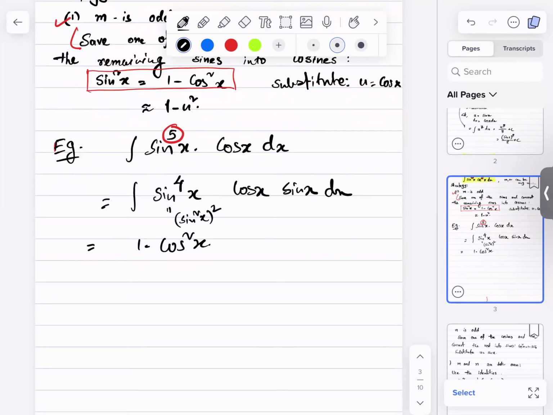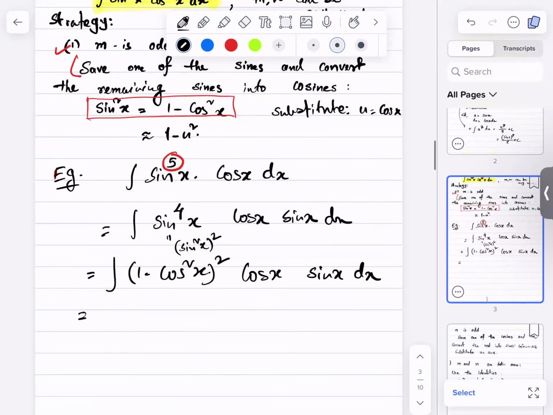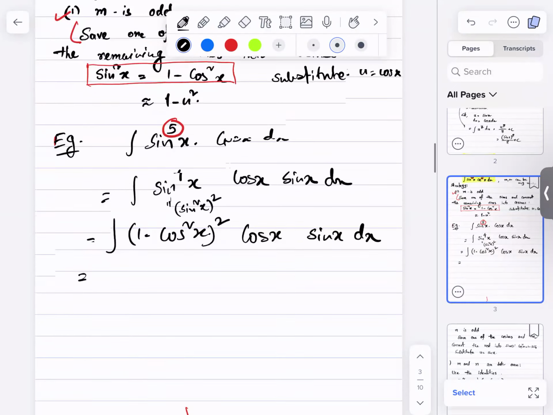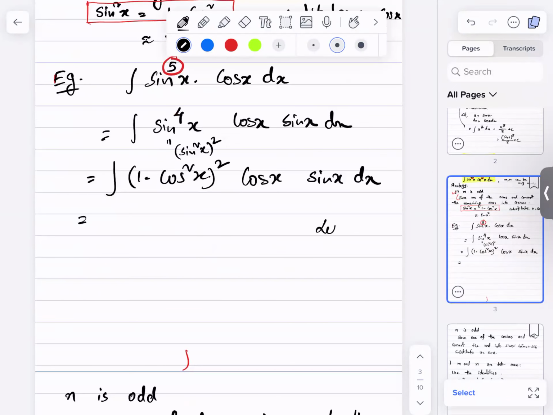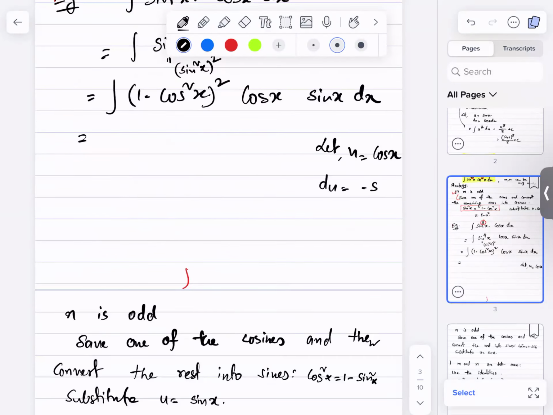So therefore, I'll have 1 minus cosine square x whole square, cosine x sine x dx. Okay, so far so good. And now I need to use substitution u to be cosine x. Let u be cosine x. Then du is just minus sine x dx.